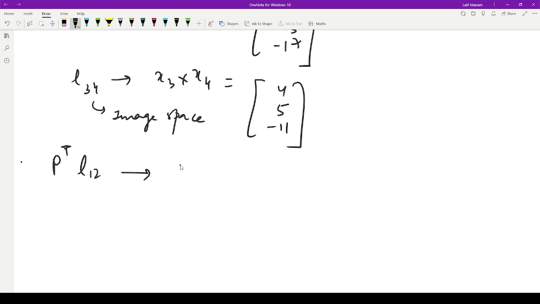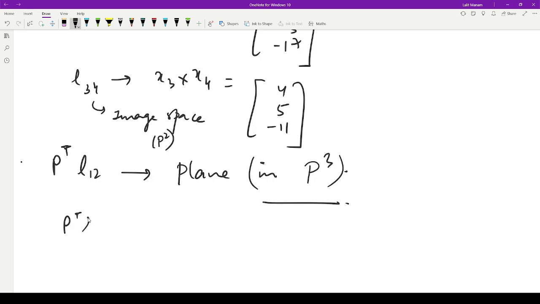This is a plane in the 3D space or P3 space. This is P2 space. Plane in P3. So we just try to compute these two. These are simple multiplications.